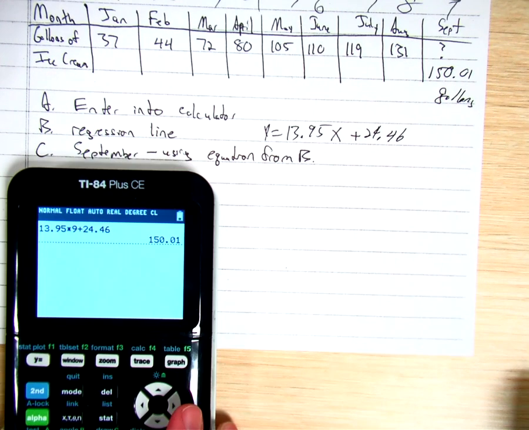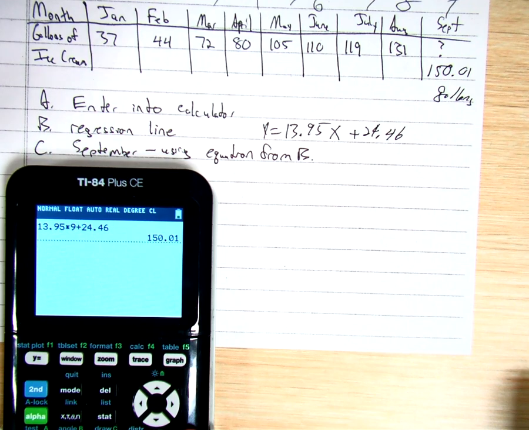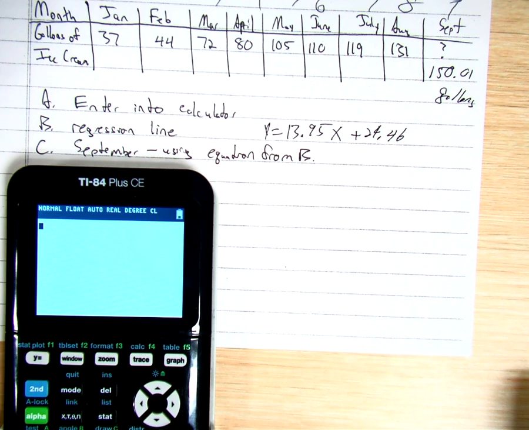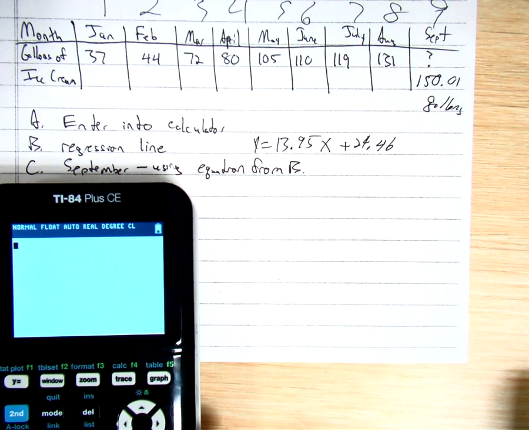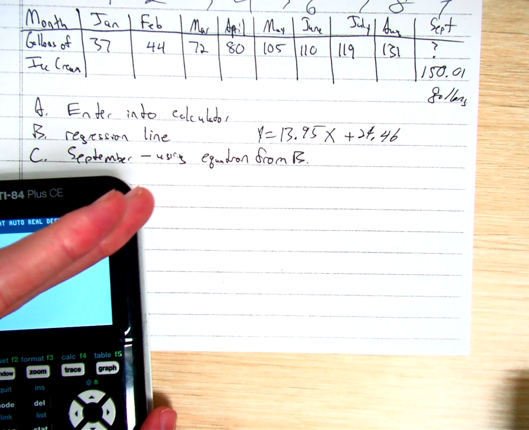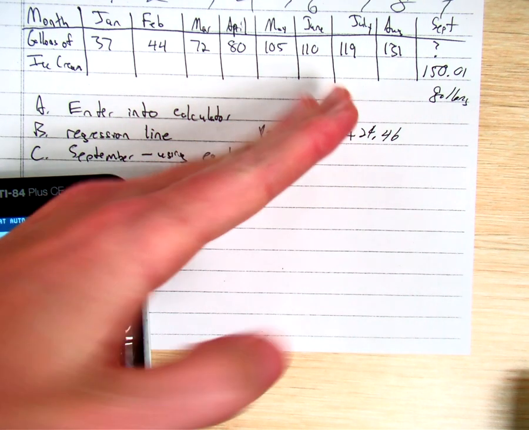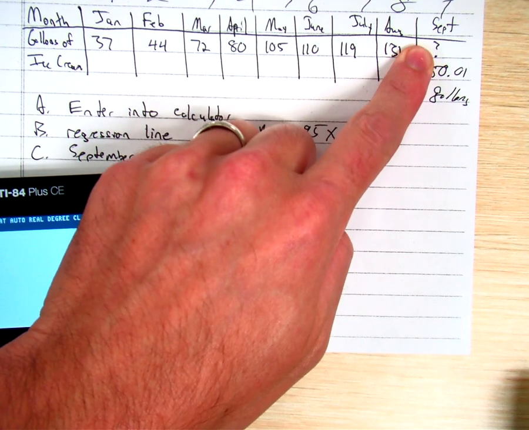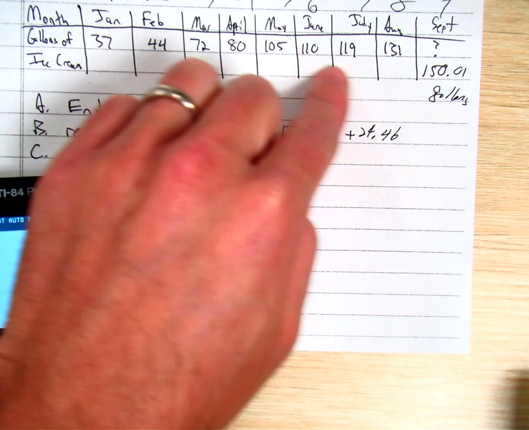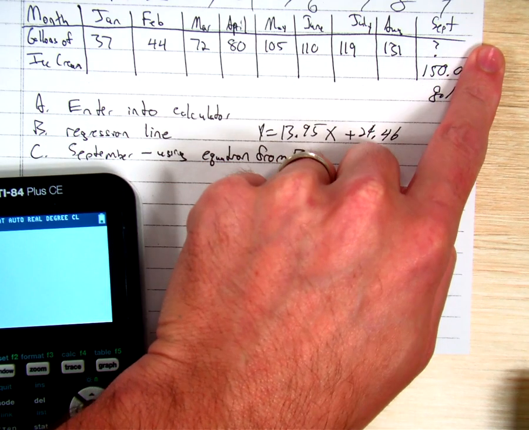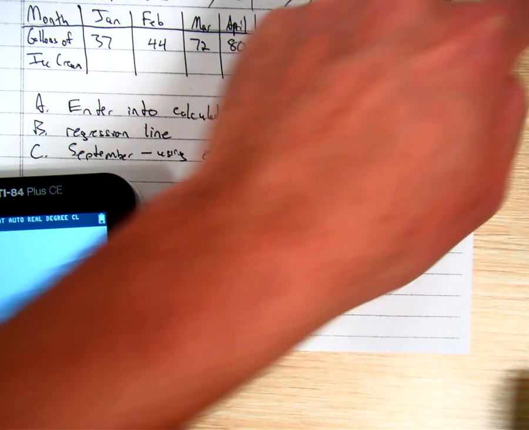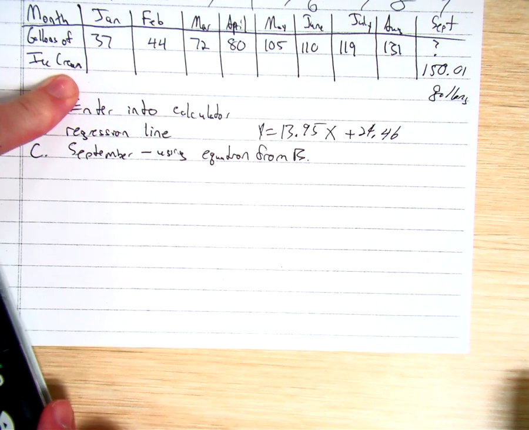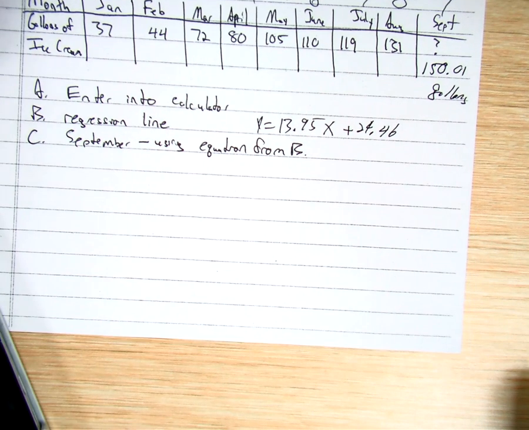Okay, something to think about here. Do you think this type of situation is best represented by a line, a constant change? What month is next? October? Do you think my ice cream sales are going to continue to go up in November and December, and then back to January, it's going to keep going up?